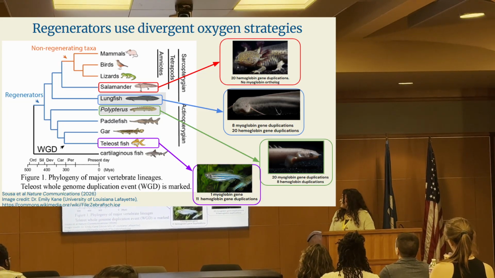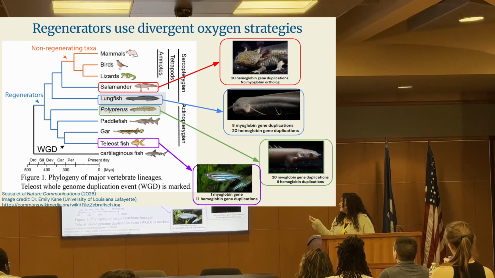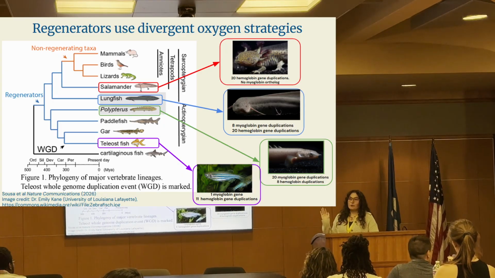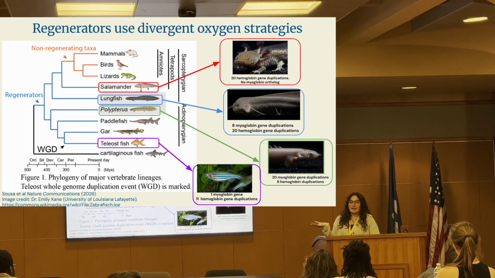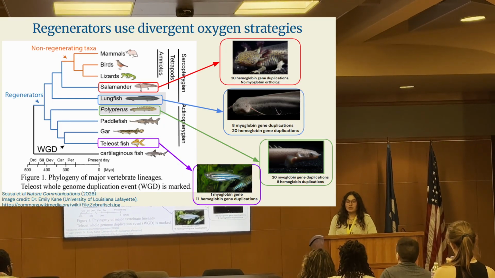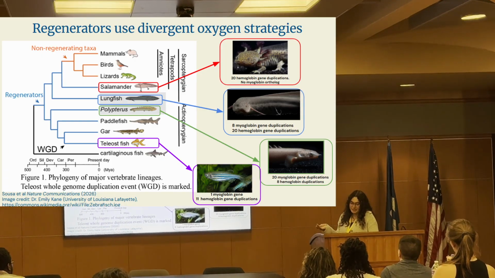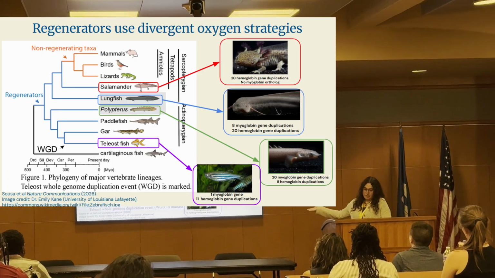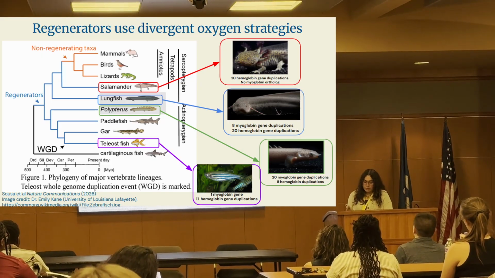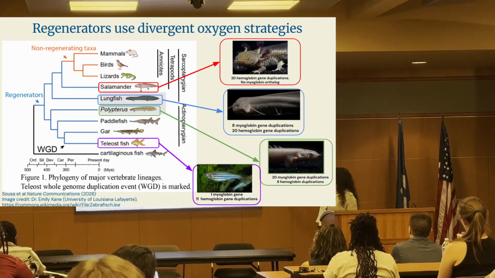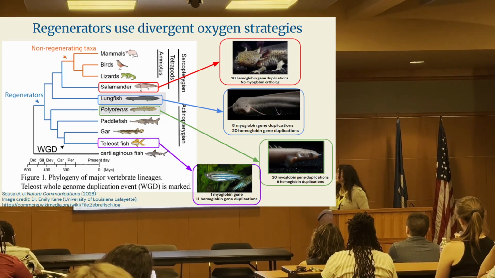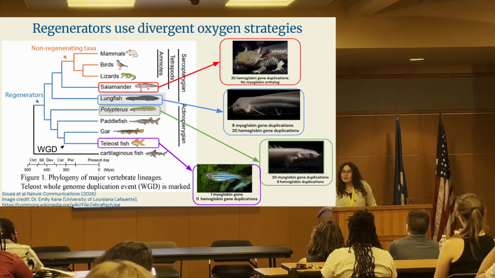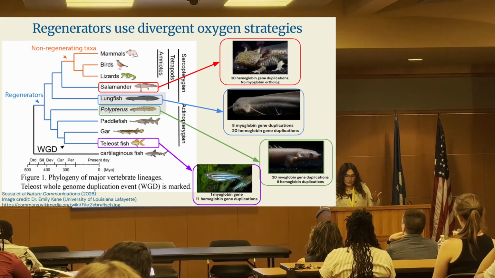It only has one myoglobin gene, but luckily zebrafish have been awarded with many CRISPR and genetic editing capabilities, so that's why we're including it in this study. But yeah, largely very different oxygen management strategies. So we wanted to focus specifically on Polypterus and lungfish within this study because they're doing some interesting things with their myoglobin genes that I'll talk about a little bit later.